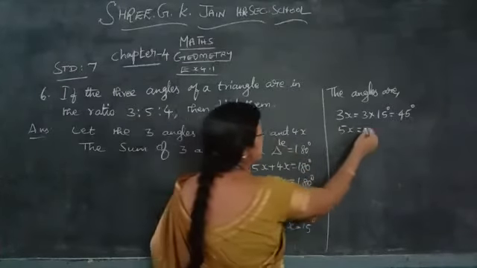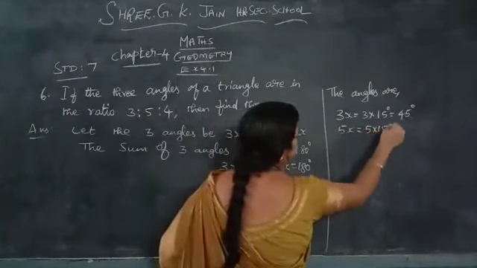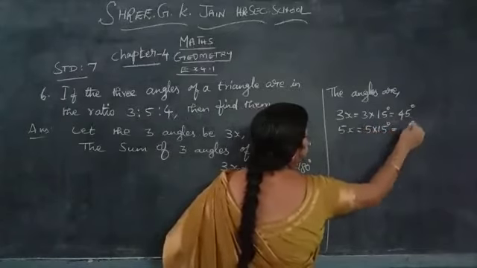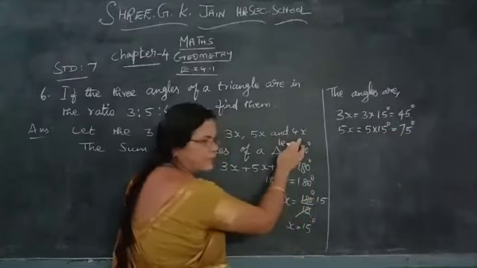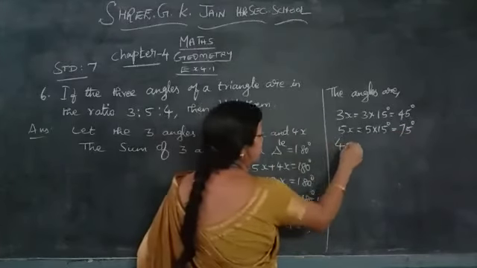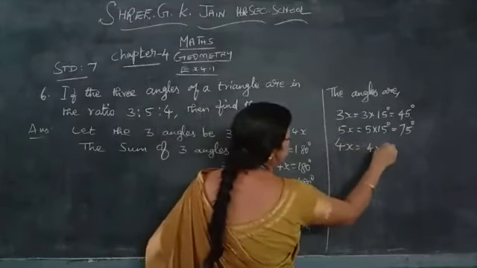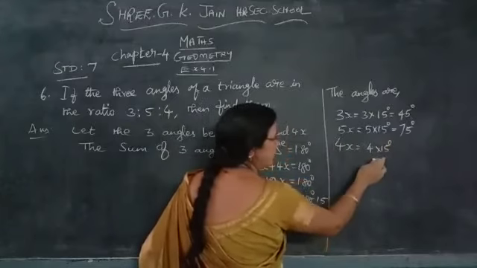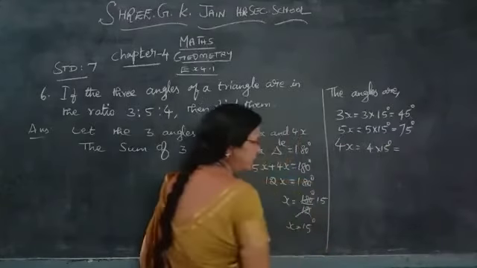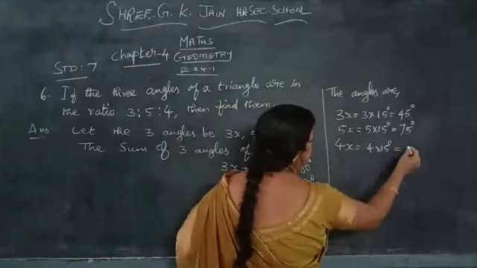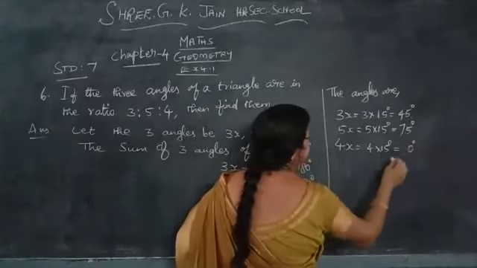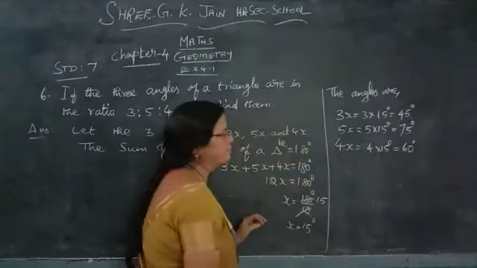So 5x equals 5 into 15 degrees. So you will get 75 degrees. And the third angle, what is given? 4x. So 4 into 15, putting 15 in the place of x. So multiplying, you will get 60 degrees.